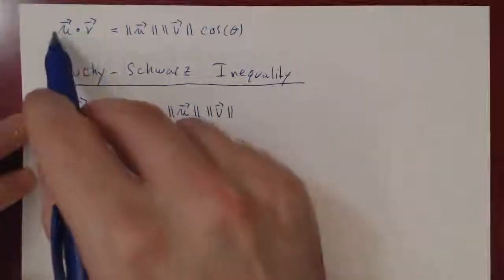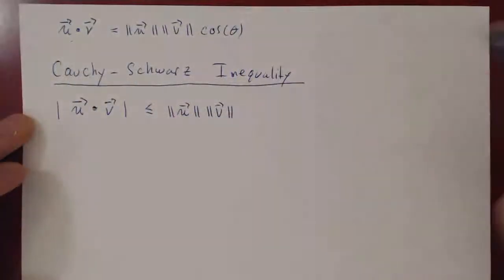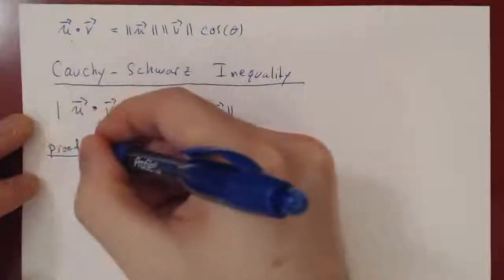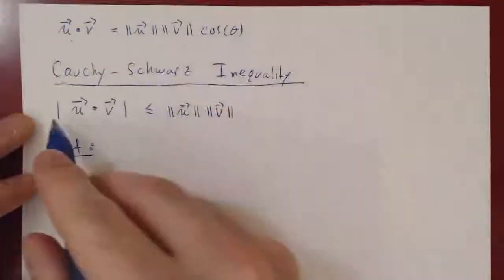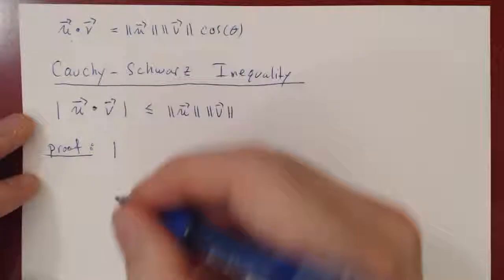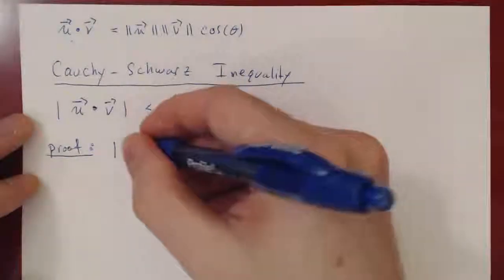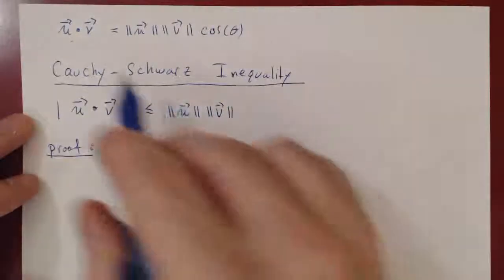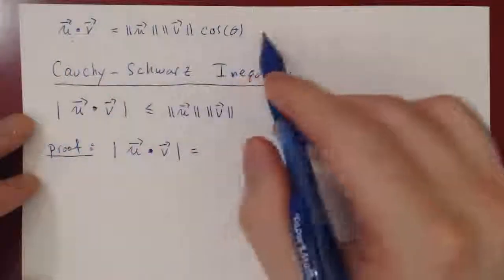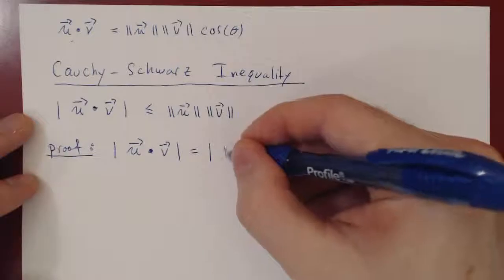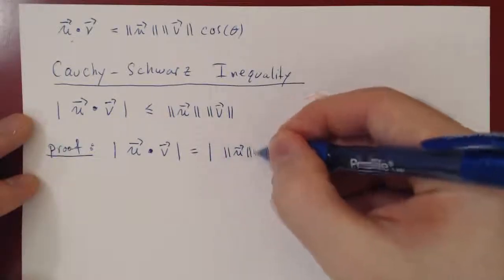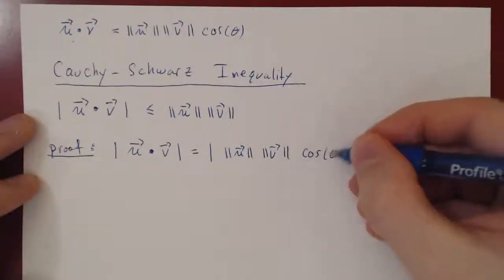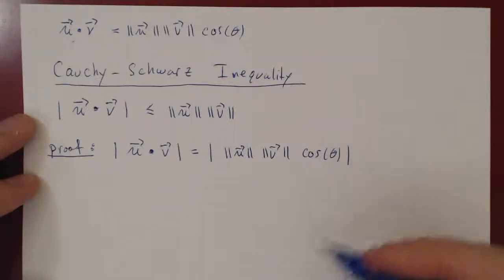Let's prove this with this equality, and the proof will be essentially just two lines. Well, we have the left-hand side, the absolute value of u dotted with v equals, let's replace u dot v by this expression, absolute value of the norm of u, norm of v, times the cosine of the angle between u and v.